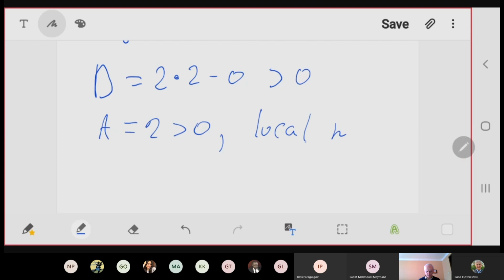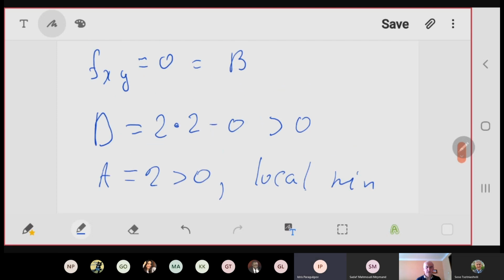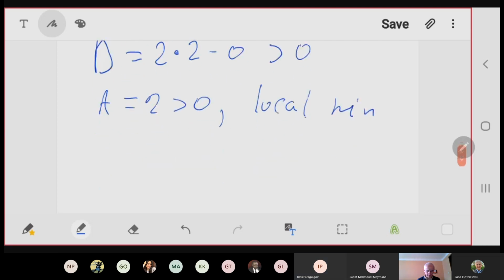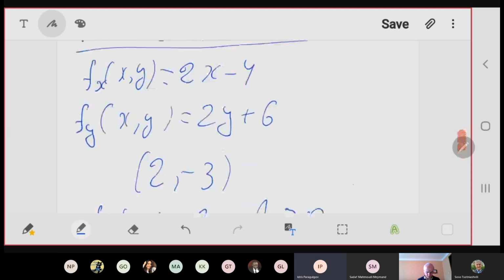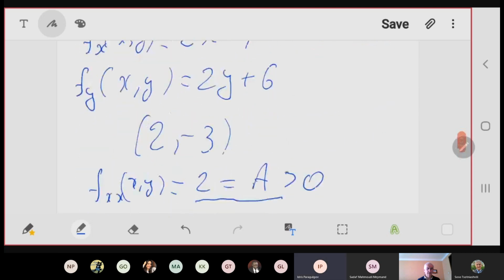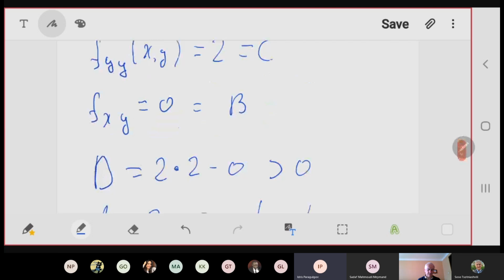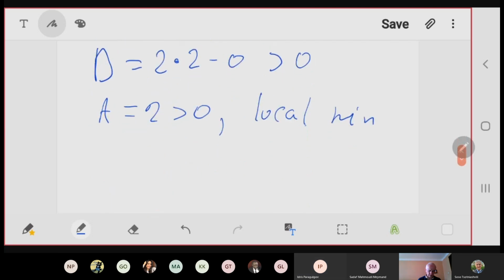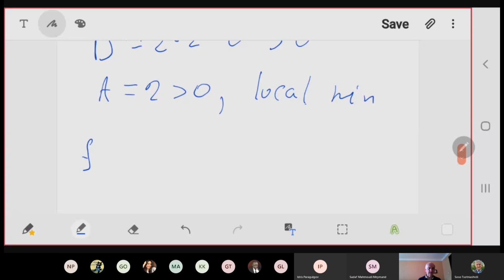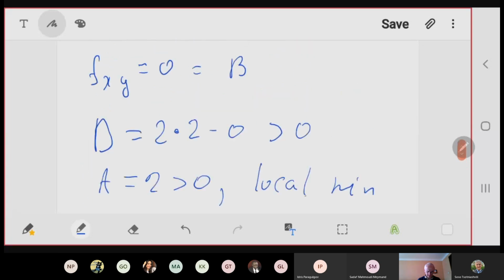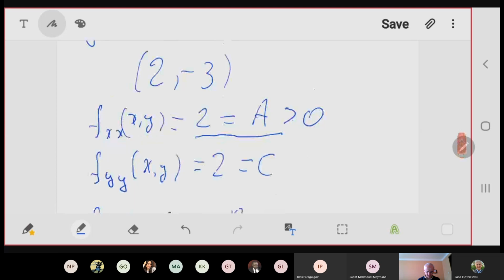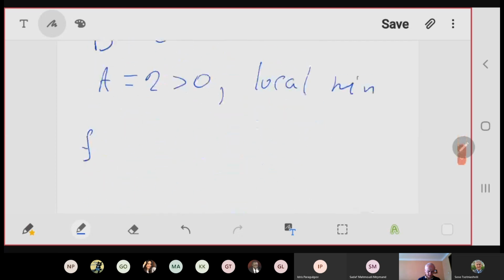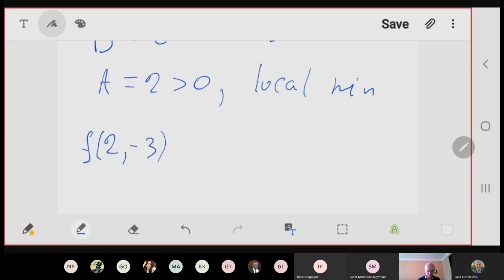Okay, and now how can we find this local minimum? We have to put in the critical points. Absolutely true. We should put these critical points, 2 and -3, into the original function, so we need to find f(2, -3).